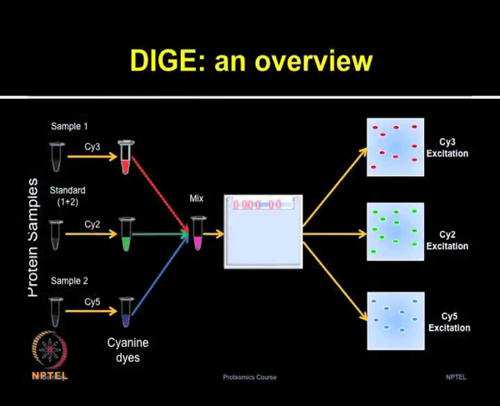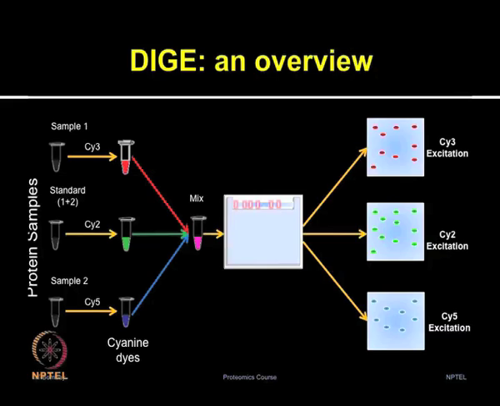So, DIGE is quite a sensitive technique, with less than 1 femtomole of protein detectable, and it enables the linear detection of a very broad dynamic range of proteins. As you can see in this slide, the protein samples, let us say a control and a treatment, are labeled with 2 different dyes, Cy3 and Cy5, but a small aliquot of both of these samples is mixed together to make an internal pool.